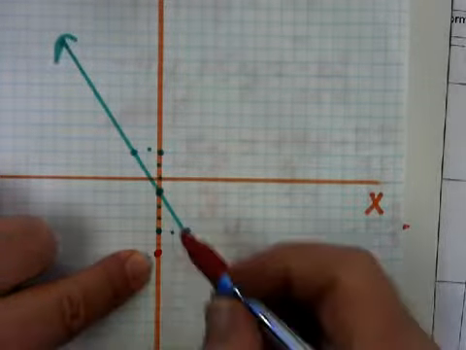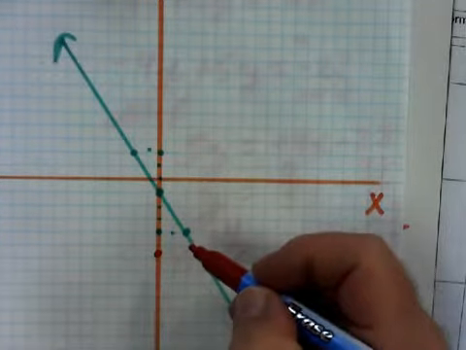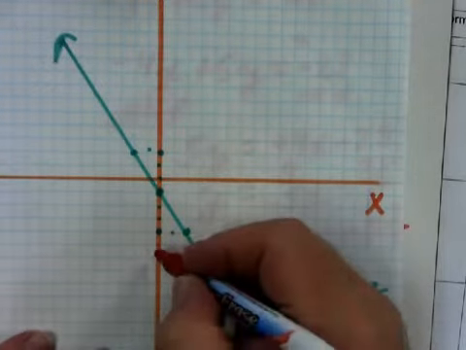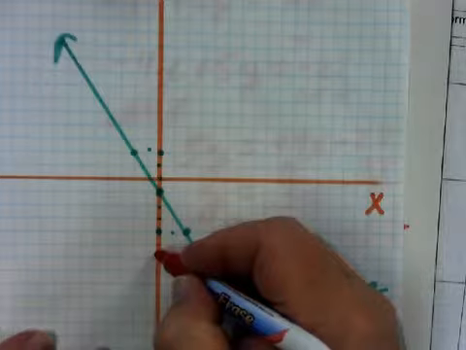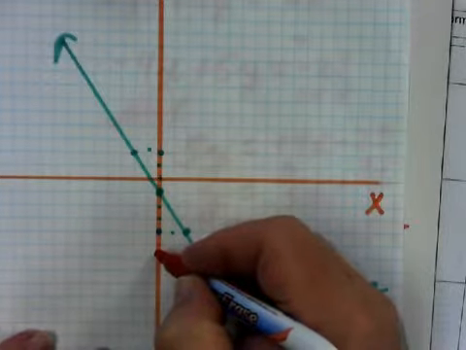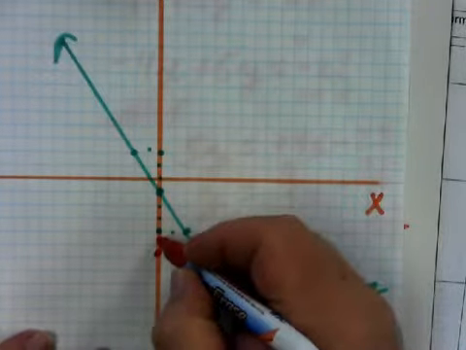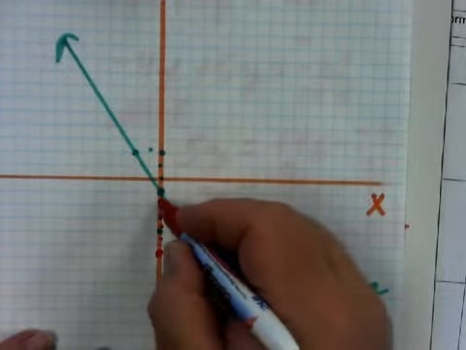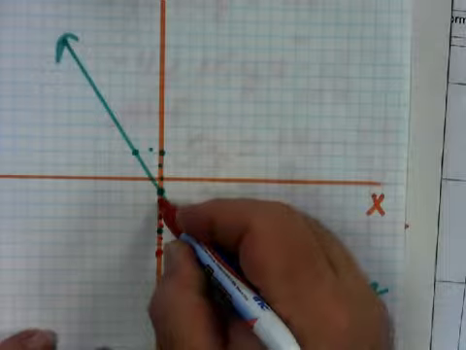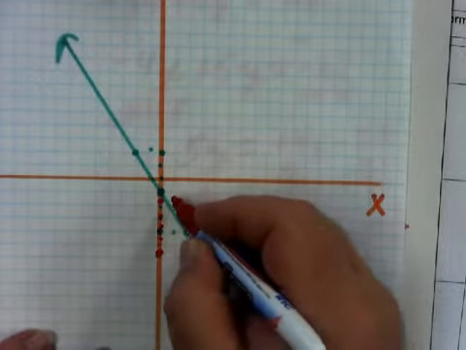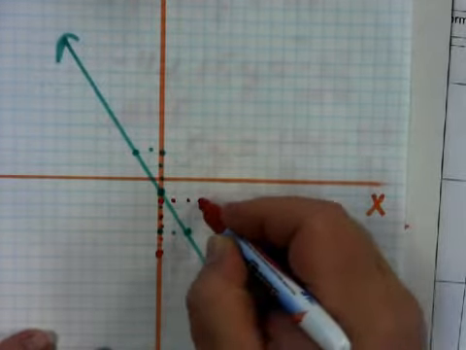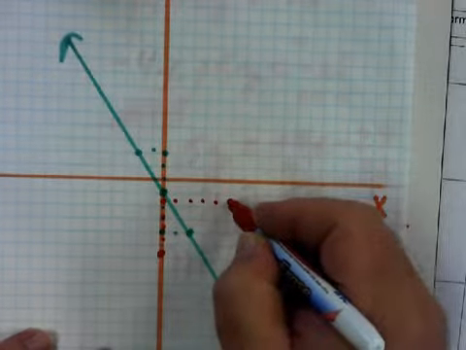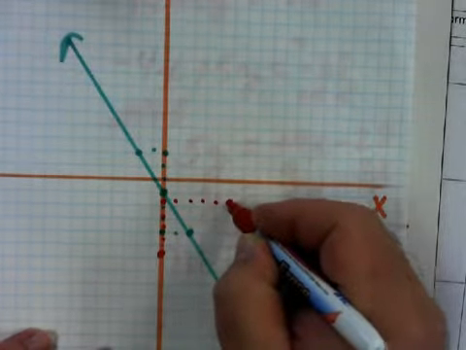So what do I do with the slope then that was 4/5? Go up 4 and to the right 5. So I go up 4, 1, 2, 3, 4, and to the right, 1, 2, 3, 4, 5. All right there?